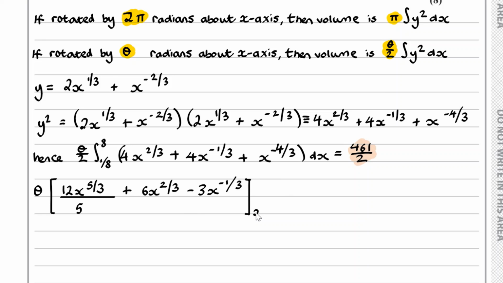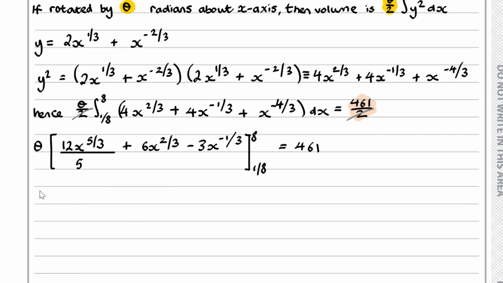between the limits x equals 1/8 and 8, and we know that this will equal 461. Remember, here the halves cancel.